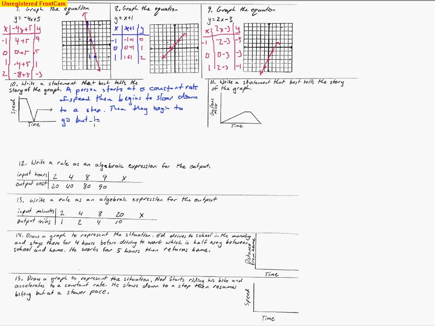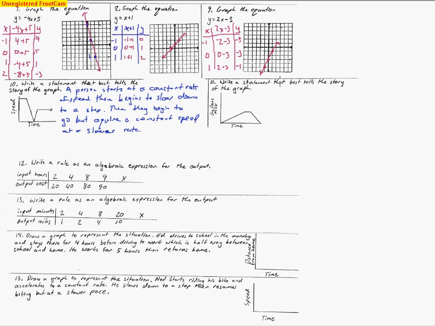But acquire a constant speed at a slower rate. So they do acquire that constant speed. They get up to a speed, but it's at a rate that is less than where they were before, maybe almost half that. So we've covered all the bases of what we were talking about.